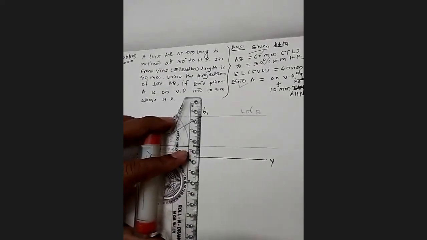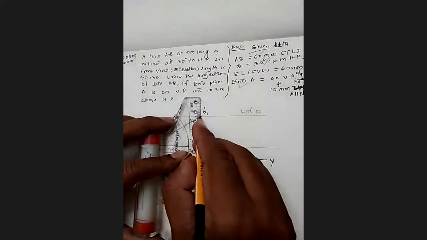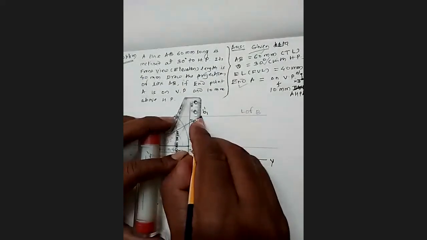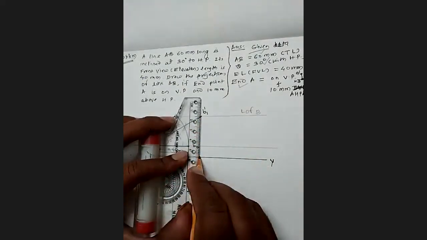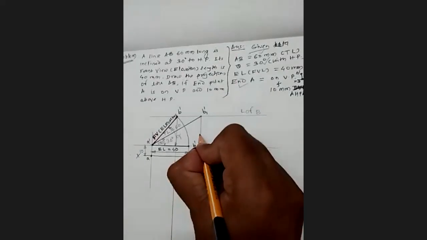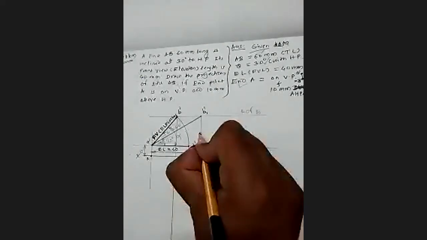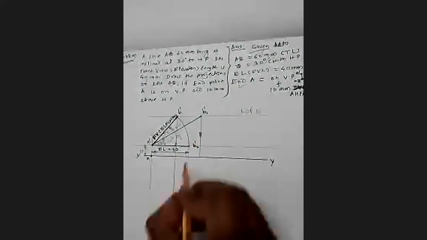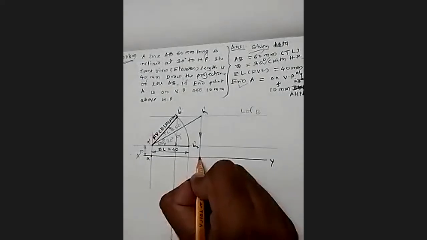Otherwise, what you can do, you can extend this line, as from TL, the true length endpoint will be going till the base of the next view. A is the base point, so we'll be going till this point.